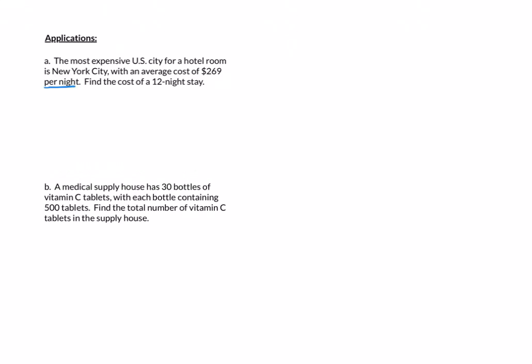Well, if each night costs $269, then this is basically 269 12 times. That tells us multiplication. So let's go ahead and multiply this out. I'm going to put my 269 on top, times my 12.